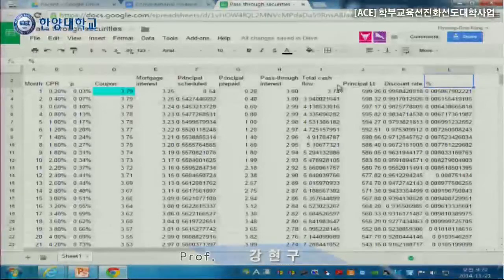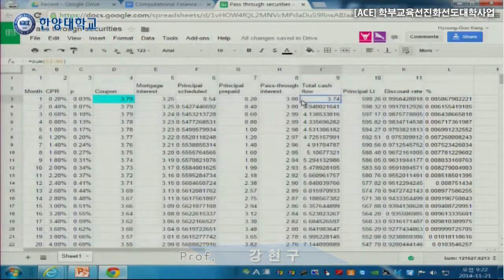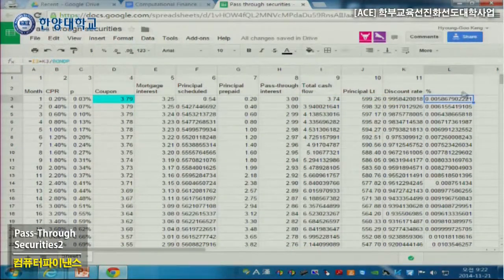So this part is what we did last week. Okay, actually 2 days ago. And then the last column, the 12th column, is the percentage. This is basically a ratio such that the denominator is the total bond price and the numerator is the value of a particular cash flow.